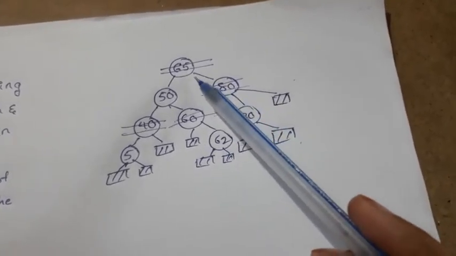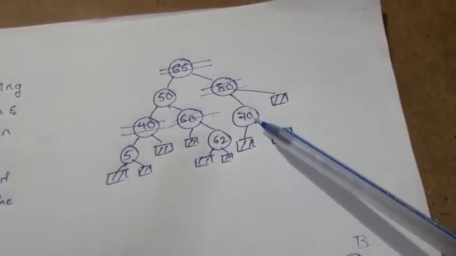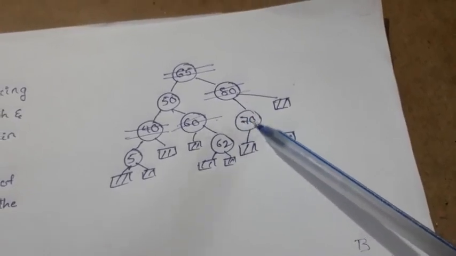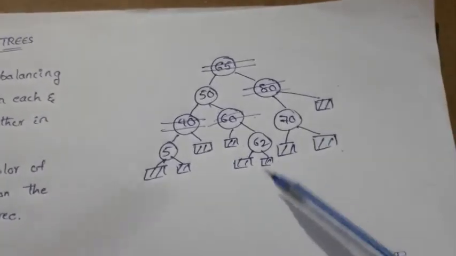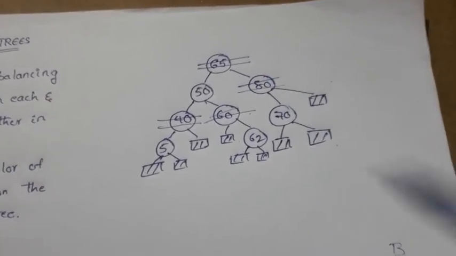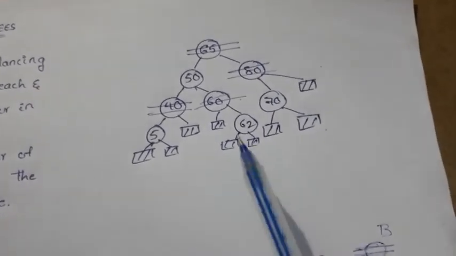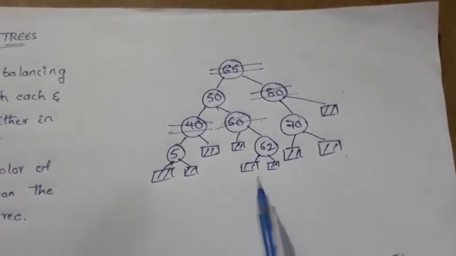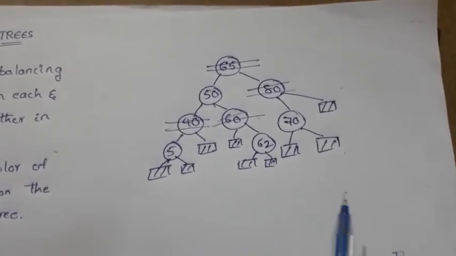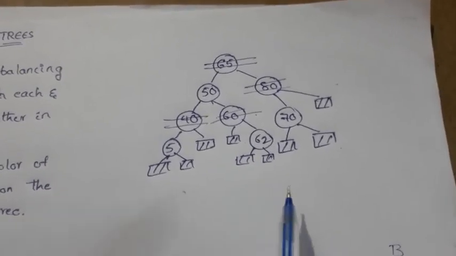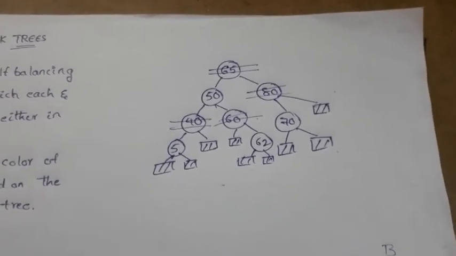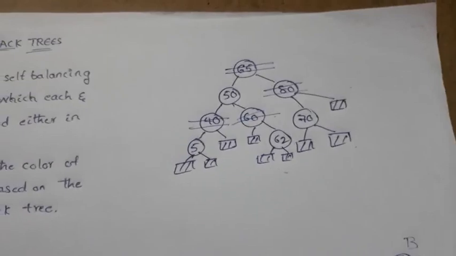And from 65 to 80 to 70, in this path, I am having one black node. Is it having an equal number of black nodes all across the tree? Yes. So absolutely it is a red black tree, because it is following the properties of a BST as well as the properties of a red black tree. These are the properties of a red black tree.